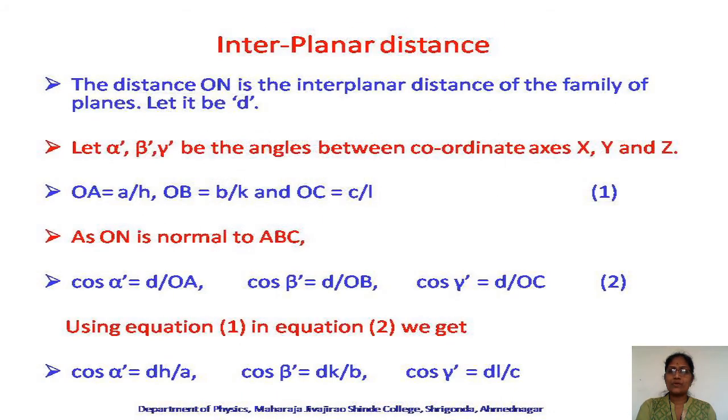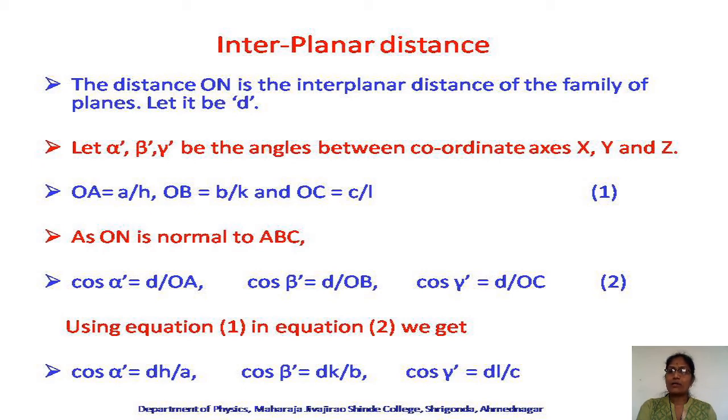Now from this figure, cos alpha dash comes out as d upon OA, d upon OB and d upon OC. These are the values of cos alpha dash, beta dash and gamma dash. Now substituting the value of OA in this formula, you will get cos alpha dash as dh upon a, cos beta dash as dk upon b, and cos gamma dash as dl upon c.